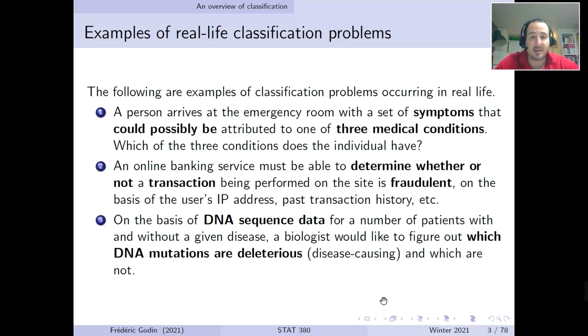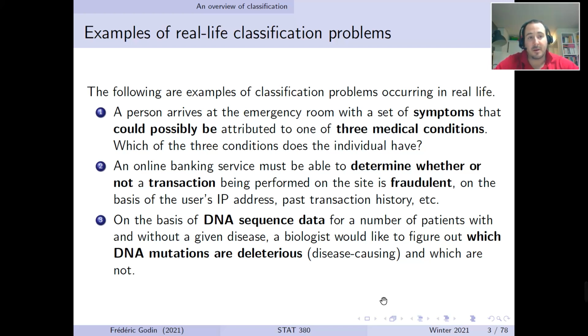An online banking service must be able to determine whether or not some transaction that was performed on the website of the company is fraudulent or not, based on many features of the transaction, such as the IP address, past transaction history of that person, etc. So the response should be either yes, it's fraud, or no, it isn't. So again, it's qualitative, where we have two possible classes for the response.